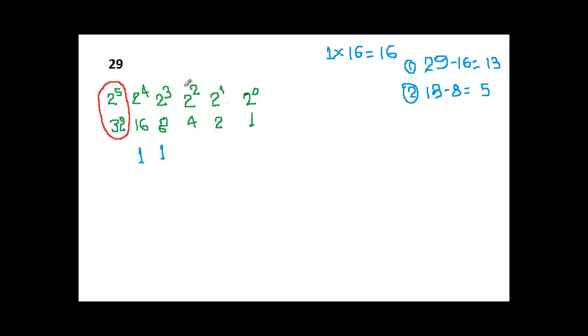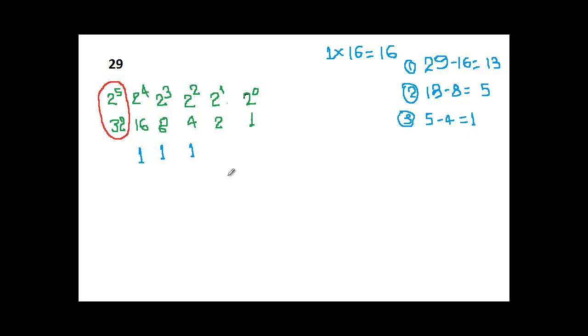So I have to include this place also in my binary number. If I place 1 here, I would be able to represent 4. I wanted to represent 5. By placing 1 here, I represented 4, and what remained to be represented is 1.